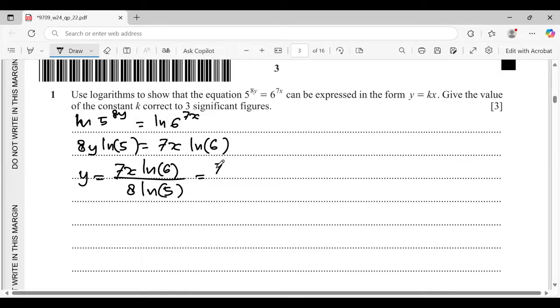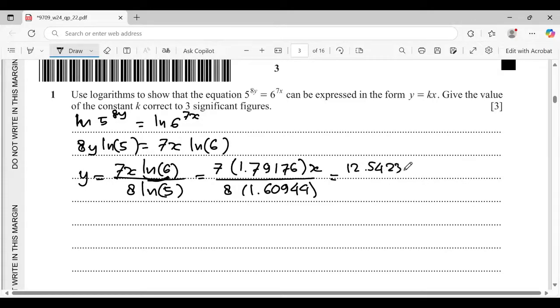After that, we're going to find the value of ln 6. The value of ln 6 is 1.79176, so y equals 1.79176x over 8 times 1.60944. If we multiply first, it becomes 12.5423x over 12.8755.